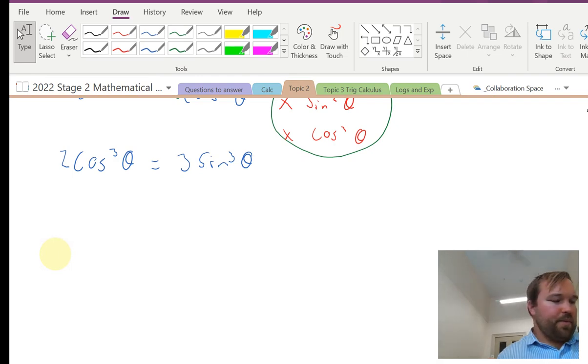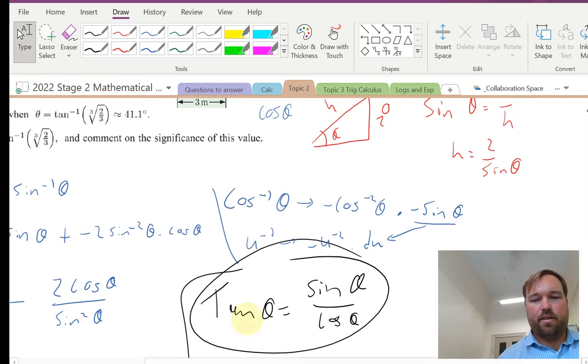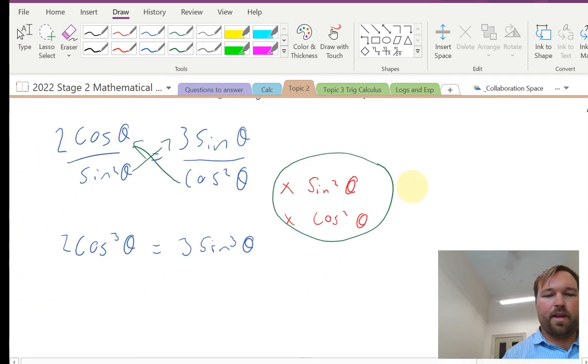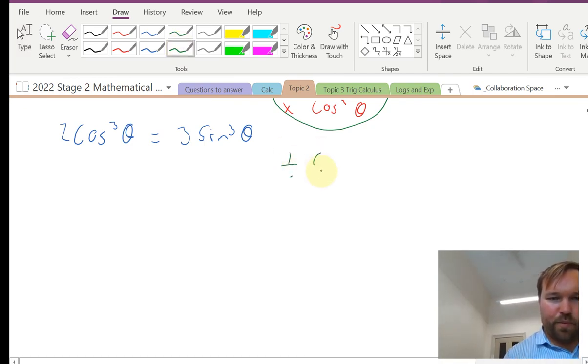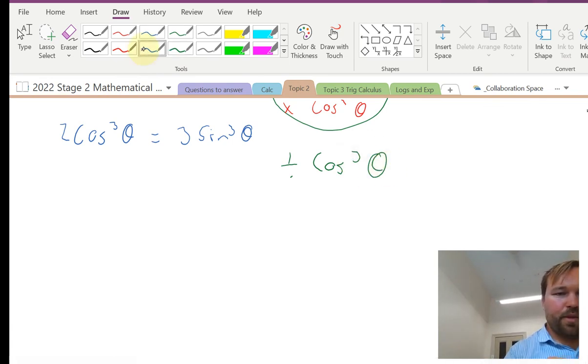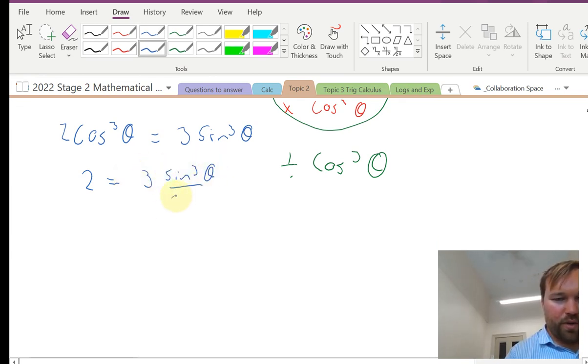Alright, so what's happening here is, remember how I said tan is sine on cos? I'm going to divide both sides here by cos cubed theta. This just becomes 2. This becomes 3 sine cubed theta on cos cubed theta.